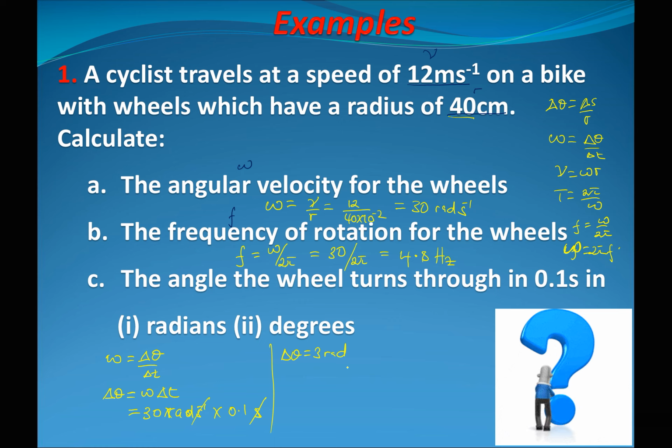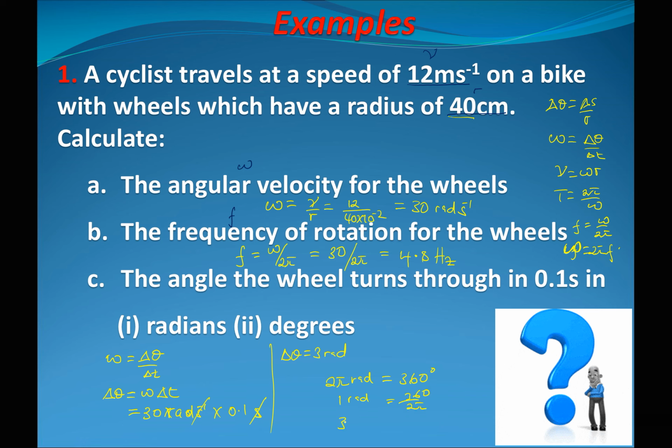Then in degrees, of course, I'll just change 3 radians to degrees. If you have forgotten this, remember, we said one complete cycle is 2 pi radians. So we say 2 pi radians was the same as 360 degrees, which means that 1 radian is the same as 360 divided by 2 pi.